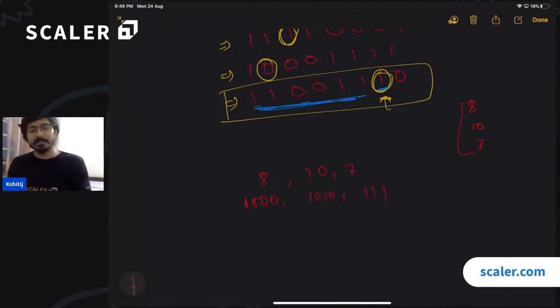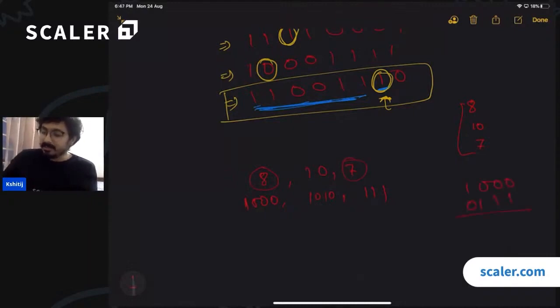If you are just checking the minimum difference, then you will be selecting 8 and 7. What is the XOR between 8 and 7? The XOR between 8 and 7 is going to be very large, right? This is going to be 15. So this observation can have some exceptions, right?